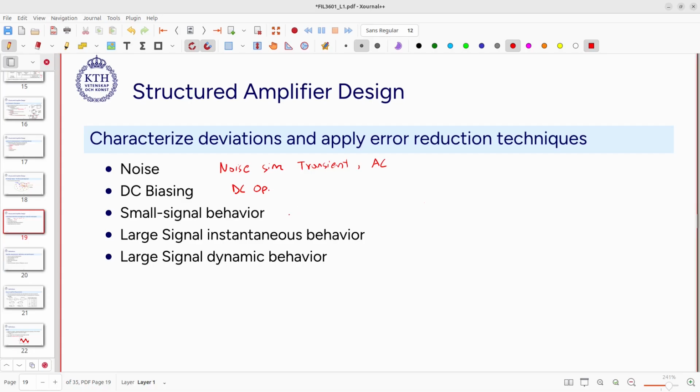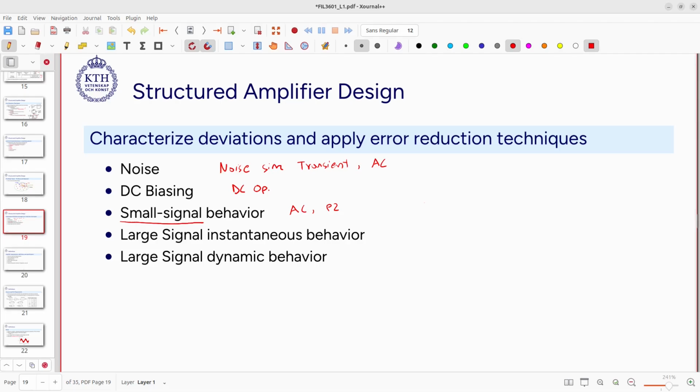That will make it possible for us to use AC simulation, for instance, pole zero simulation. Otherwise, we cannot apply these simulation techniques. They only work with linear systems. So we see the need to transform our circuits to their small signal representation.